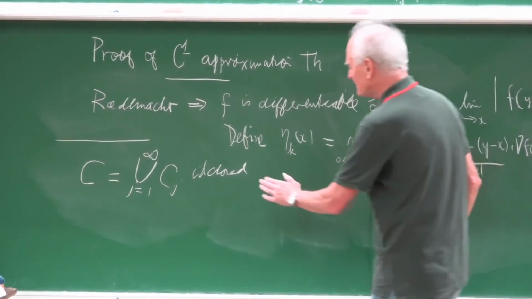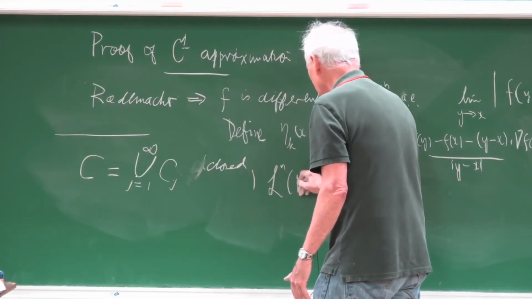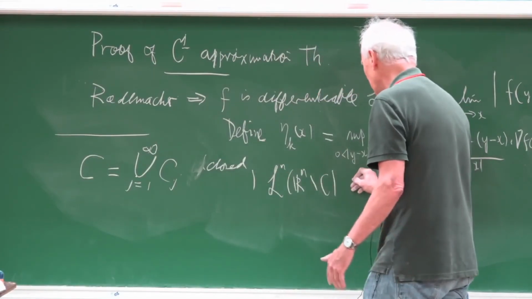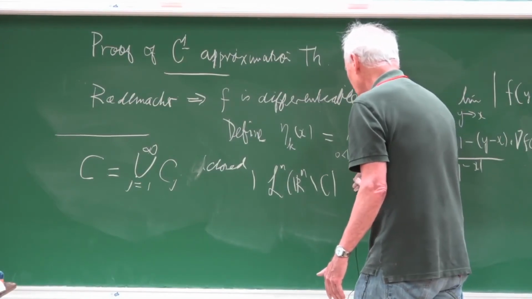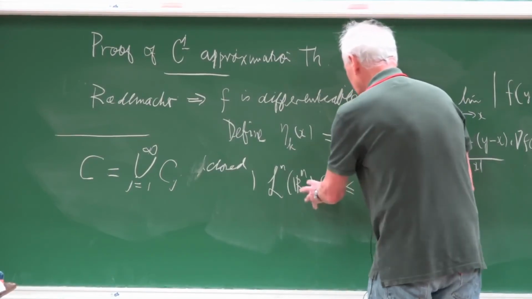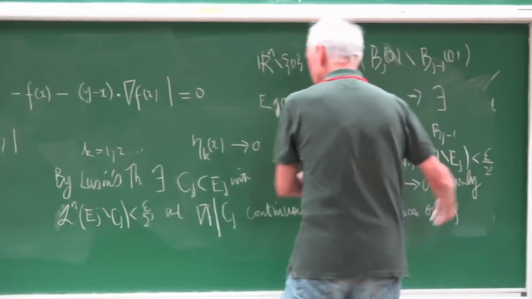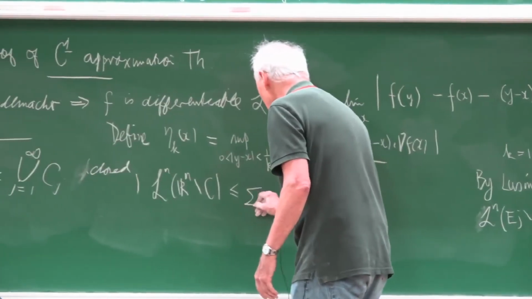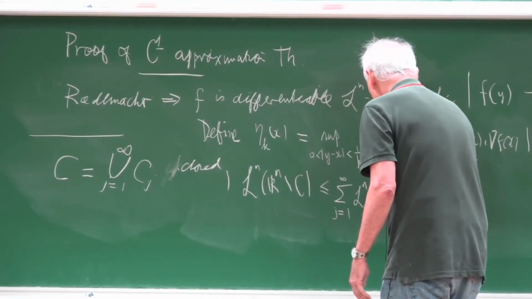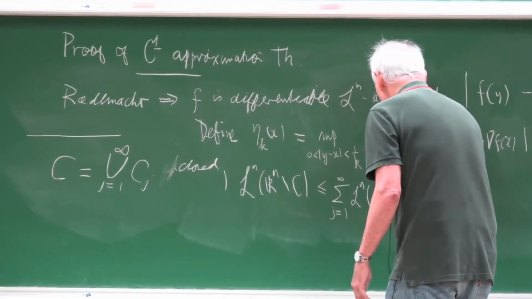It's closed, and also Ln of Rn minus C is less than or equal to the sum over all these annular regions, j equals 1 to infinity, of Ln of Bj minus Bj minus 1 minus Cj.